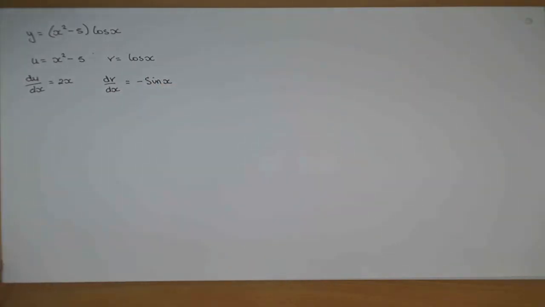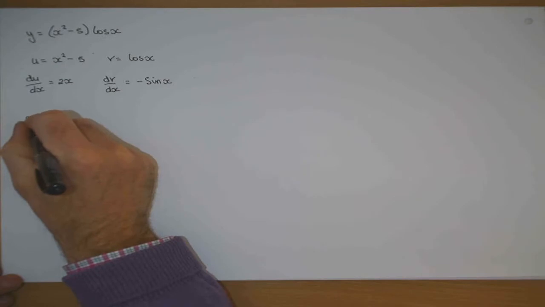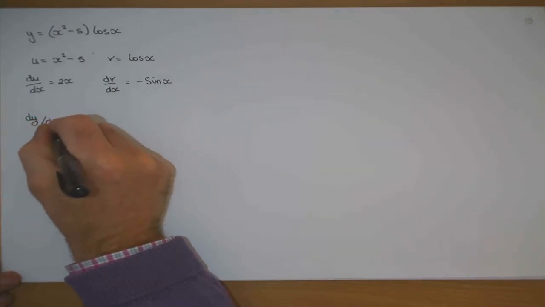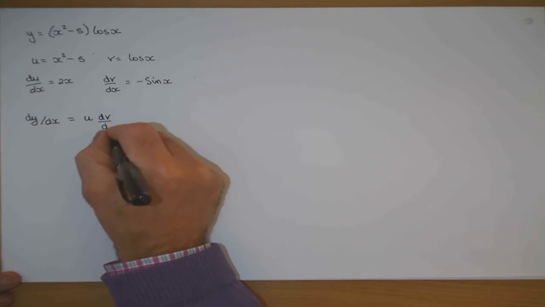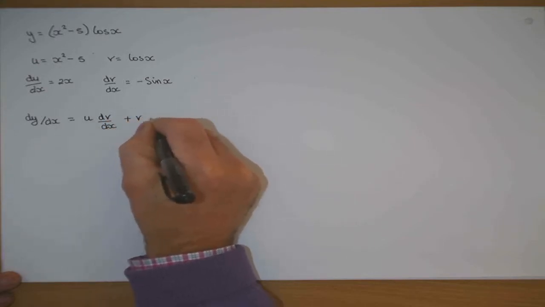Yes? I'll write that up there. See this rule here? Cos x becomes minus sine x. Then dy/dx is equal to u dv/dx plus v du/dx.